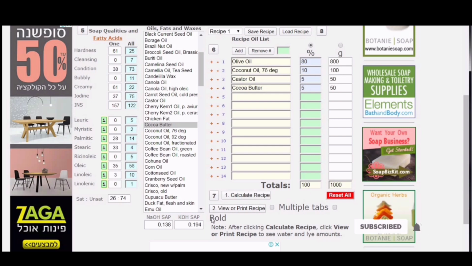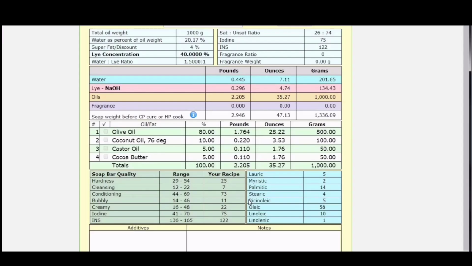So the next thing you want to do is to just view your calculated recipe, and yeah, the recipe that I showed you, we didn't know the amount of lye and the amount of water that goes into the recipe. So this is what the soap calc helps you to ascertain.